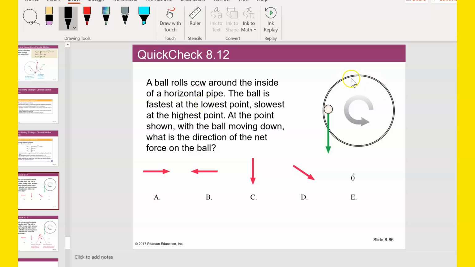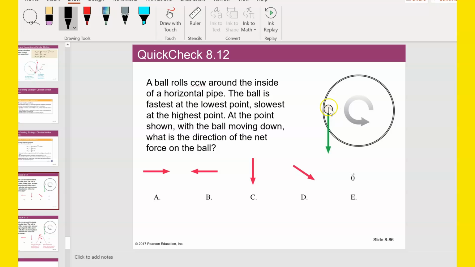This thing is moving counterclockwise. It's slowest up here and it's fastest down here. That means it has to be accelerating this way as it goes down this circle. So that means it has to have a tangential acceleration as well as a radial acceleration.